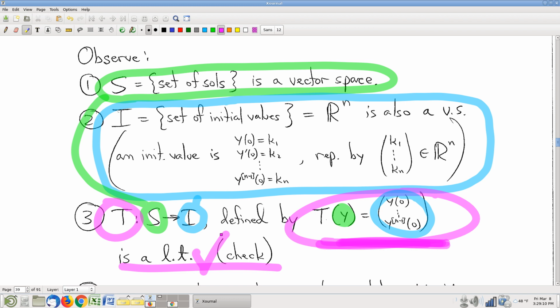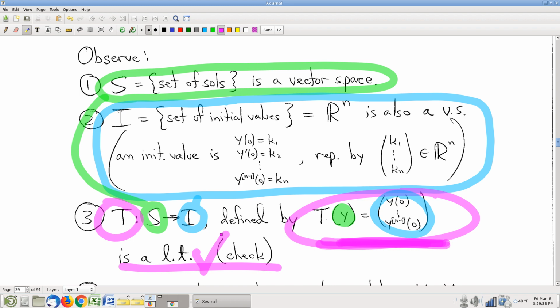Okay, well, it turns out that we're a hop, skip, and a jump away from being done with this proof. All we've done is make a couple of observations. Observe S that I'm trying to understand as a vector space. The initial conditions are a vector space. And all I've got to do now is a couple of quick observations.